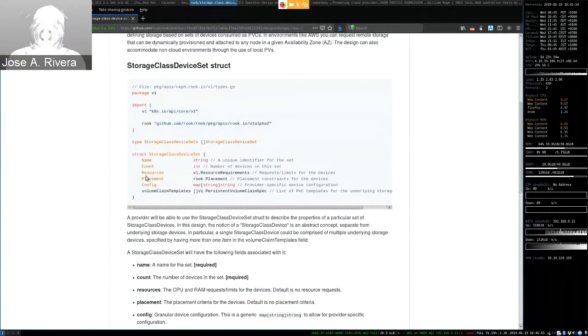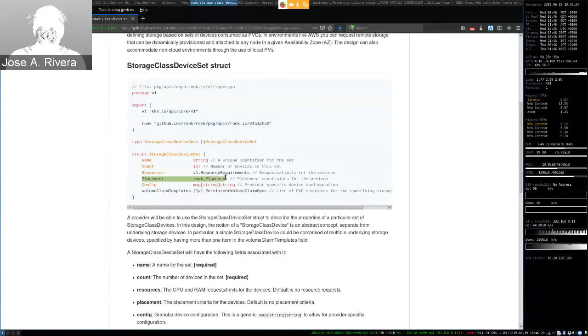So to keep going down the list, we have resources, which is for resource requirements for CPU and memory, requests and limits there. This is to allow an operator to figure out how much their devices will consume in Kubernetes. And in our case, these will be mapped directly to requests and limits for the OSD pods.